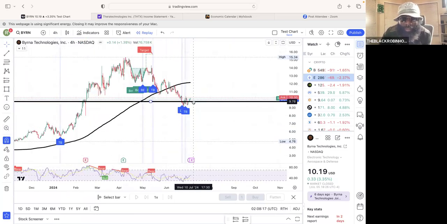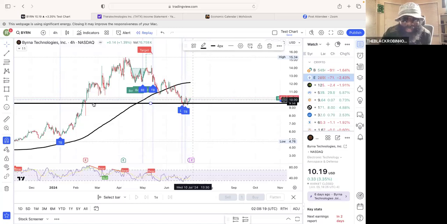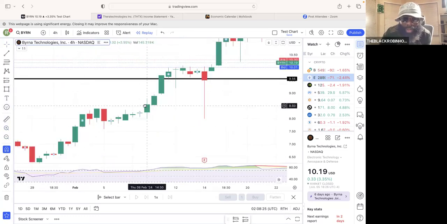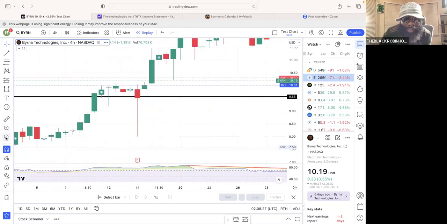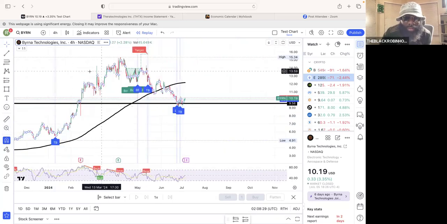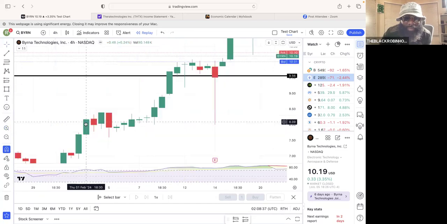Boom. But more importantly, look, the last time it was here, what happened there? Look, pin bar. Beautiful pin bar. And then it popped from there.